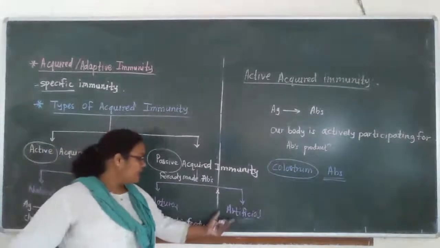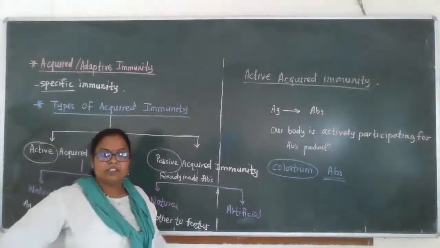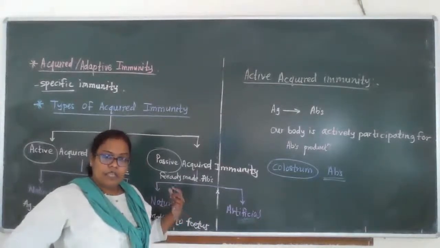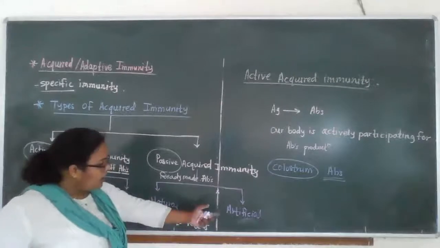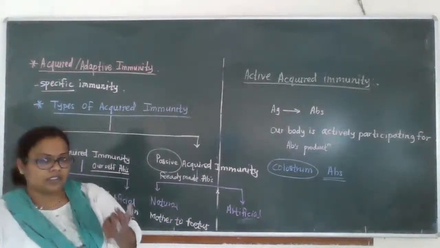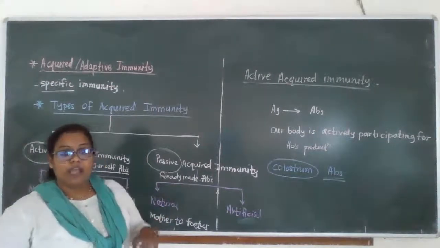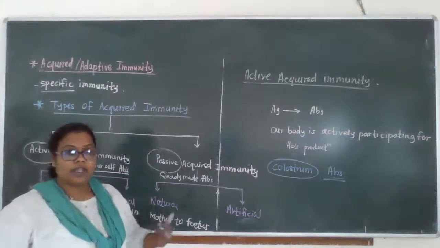Related with the artificial passive acquired immunity, that means if especially by natural way we are taking the antibodies in ready-made form, here we are taking the antibodies from another organism.